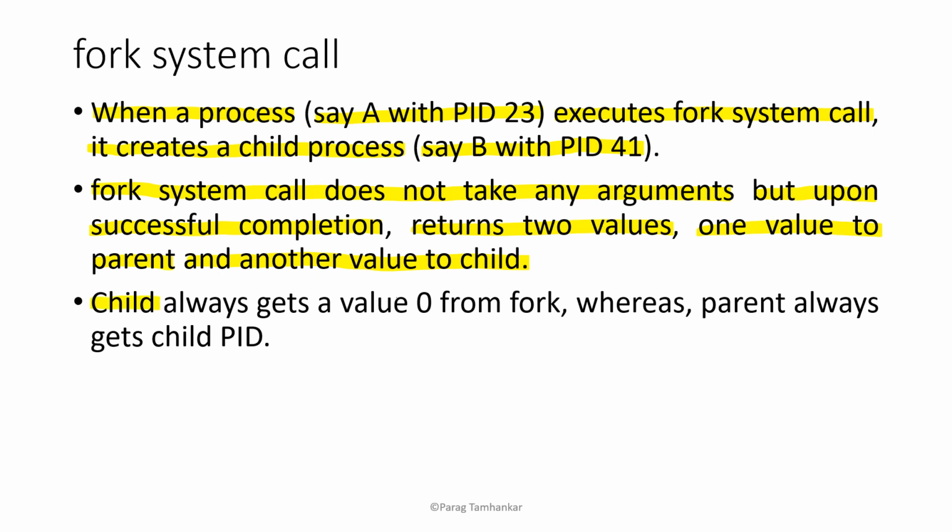Fork creates a child, and this child will always get a value 0 from fork. Whereas the parent will always get the child PID. In case the fork system call fails, it will return -1.